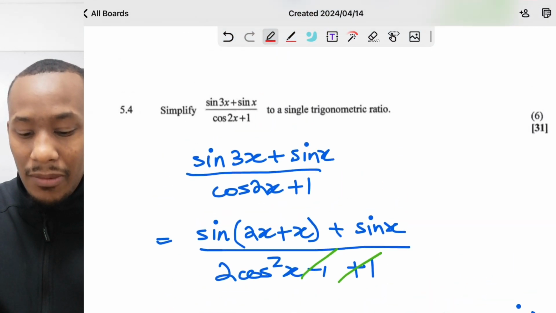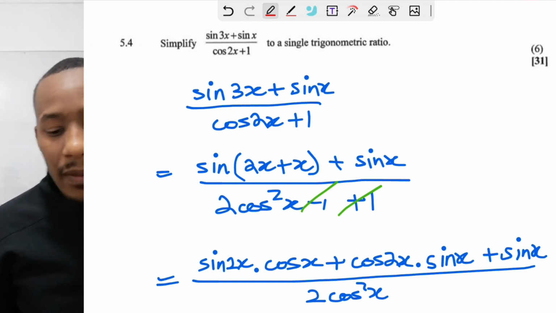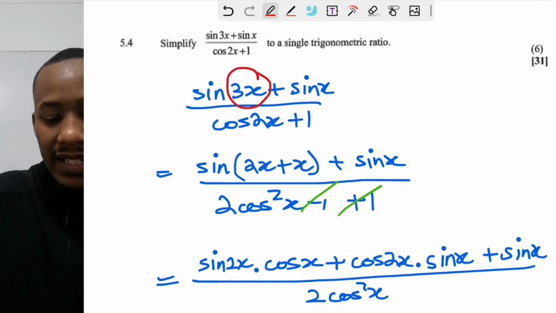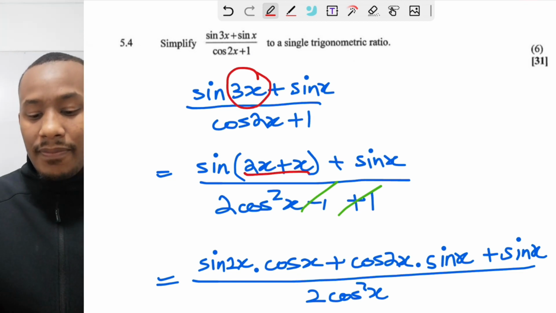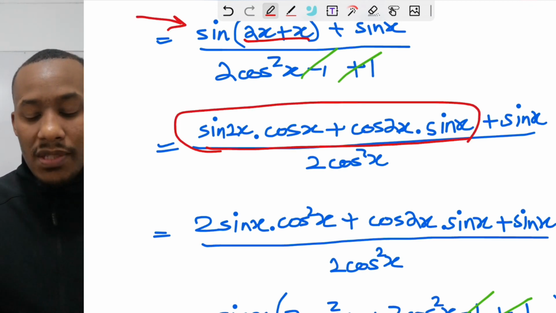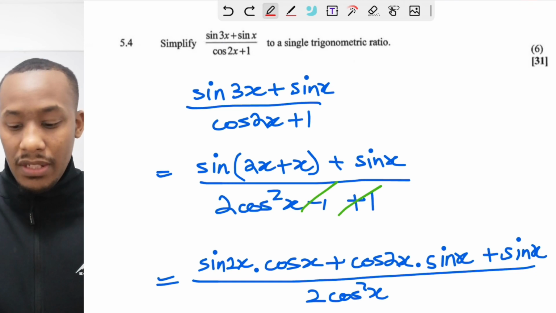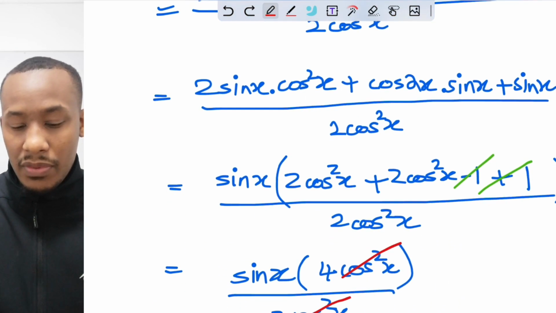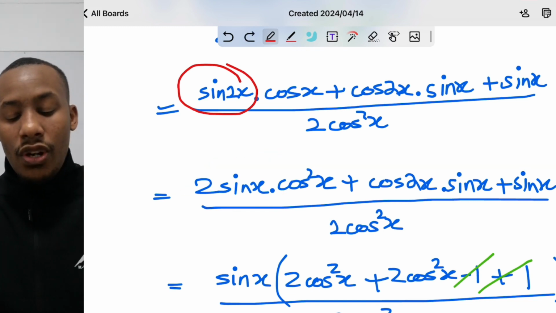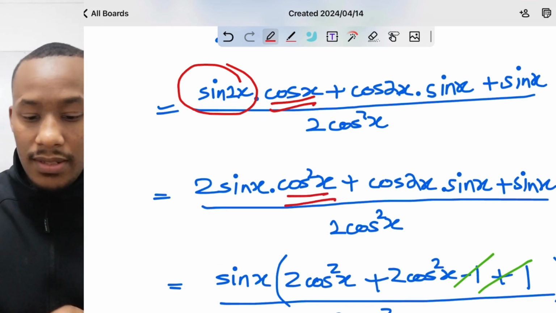If you go back to the top, let's have a look at all the rabbits that we had to pull out of this hat. Sine 3x: we had to break that up into 2x plus x. Then we made use of a compound angle identity, changing sine of 2x plus x into this whole big identity. The next thing was the sine 2x: we changed it into 2 sine x cos x, but that cos x got multiplied with this cos x, which became cos squared.